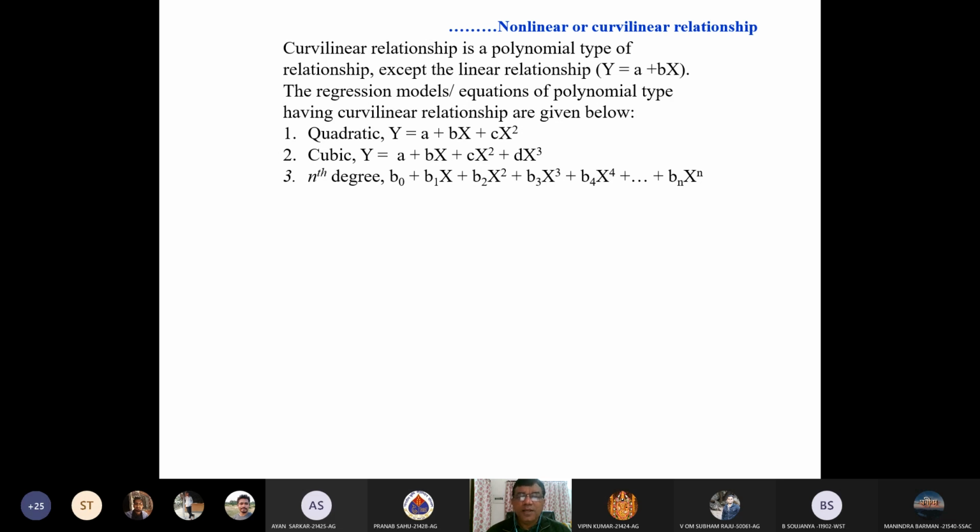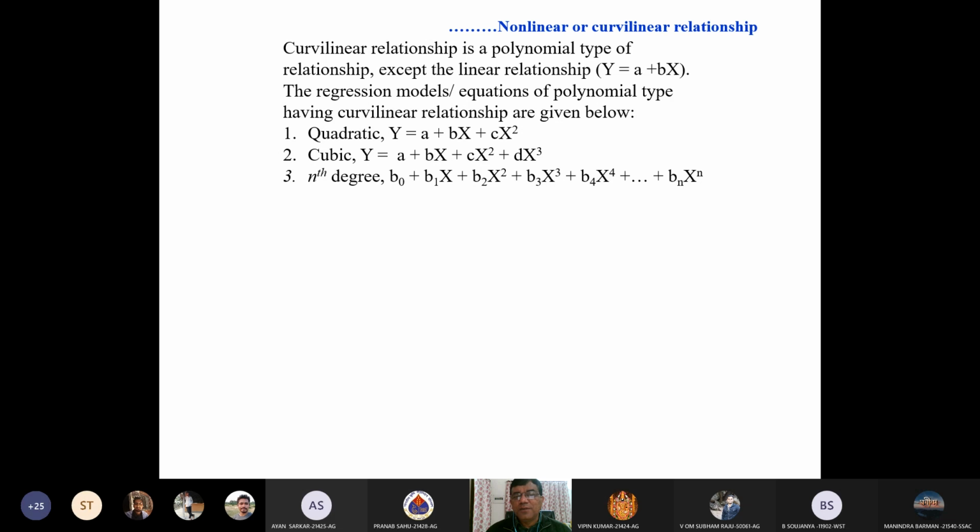But remember that in the equation, all values are positive. See, the first one, quadratic: y is equal to a plus bx plus cx square. If I ask you to write the quadratic equation, this is the equation. Here you can see we got two regression coefficients, one is b, one is c. Part of the line will be expressed by small b, and part of the line will be expressed by small c.